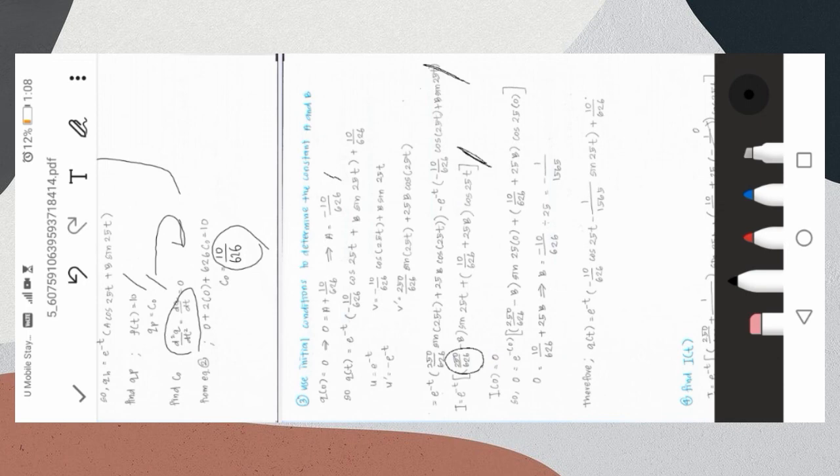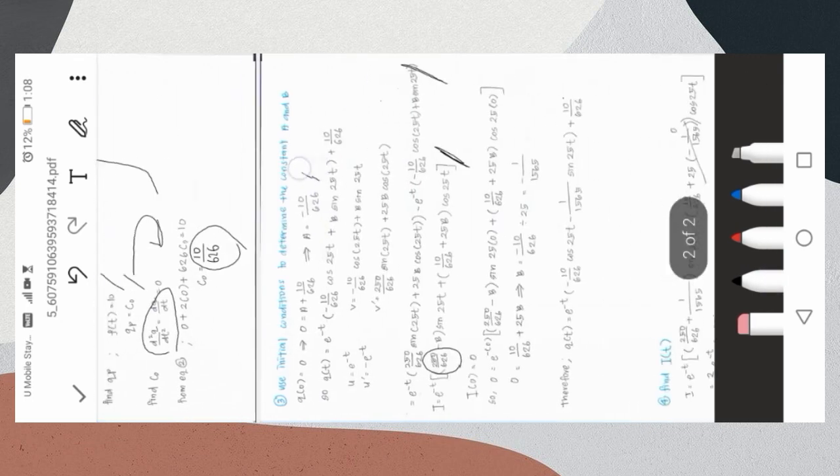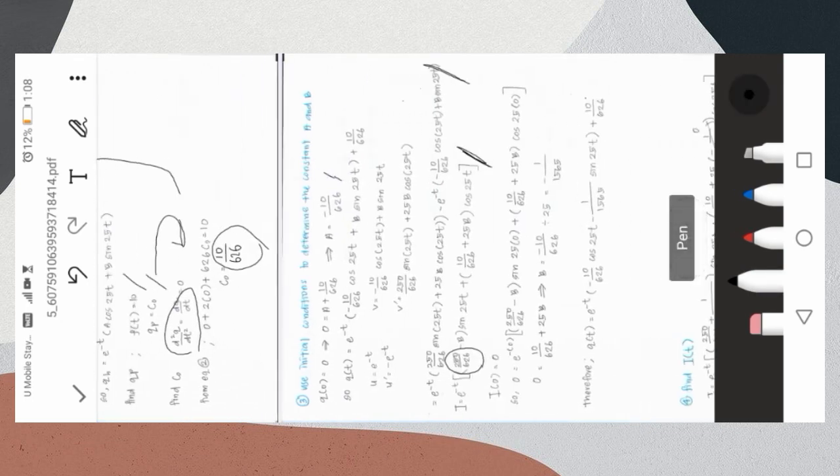Okay, next, we know i(0) equals 0 from this equation. Now we replace all t terms with 0, and we can get what b is. B equals negative 1 over 1565.